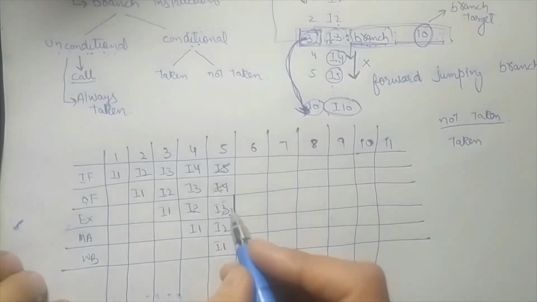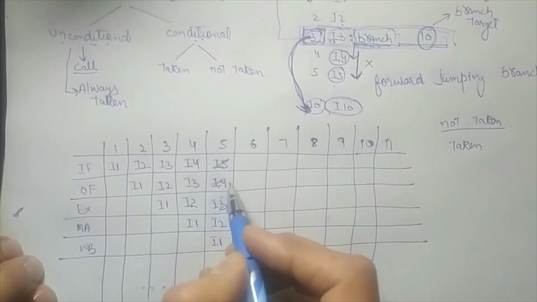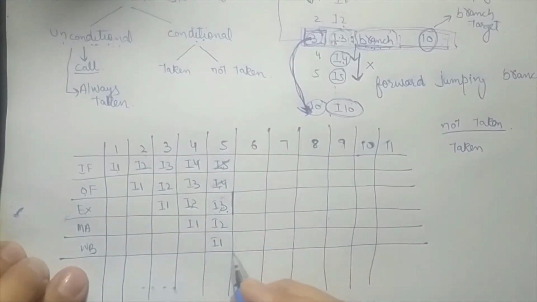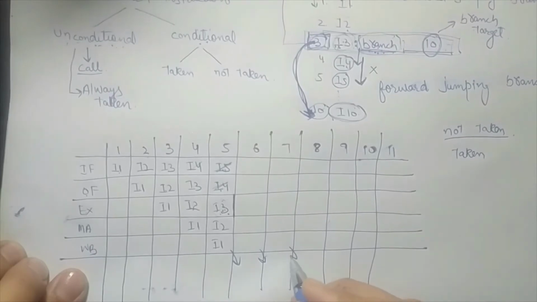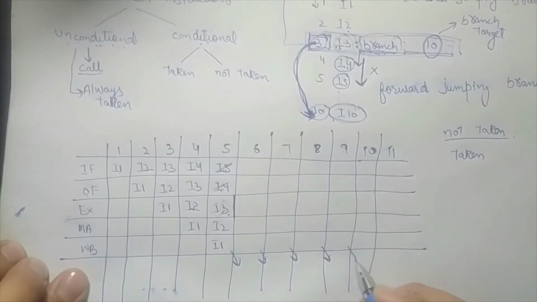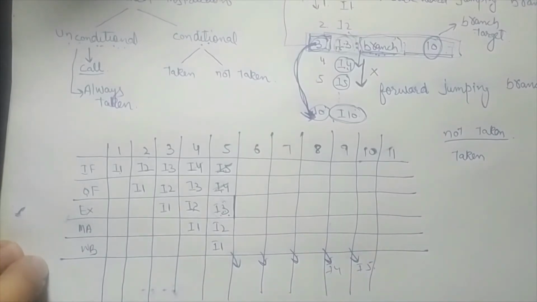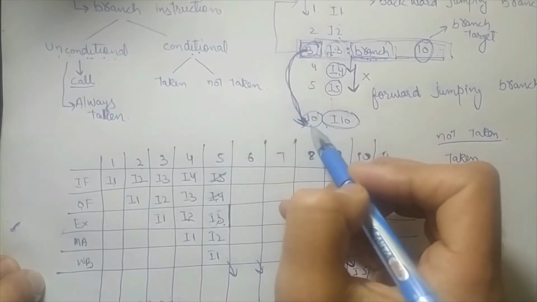Or we can say that if we are not handling such a type of hazard, then I1 will be executed, I2 will be executed, I3 will be executed, I4 will be executed, I5 will be executed, if we didn't handle this scenario. What scenario? This particular scenario.